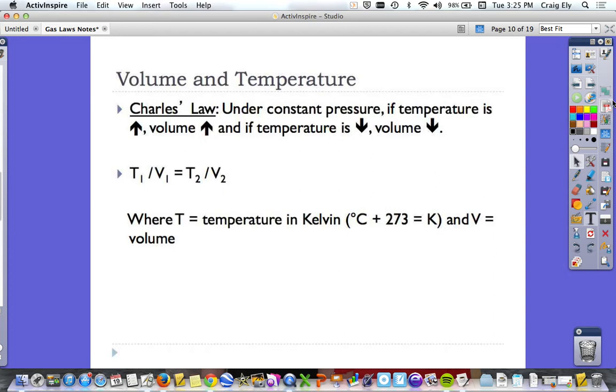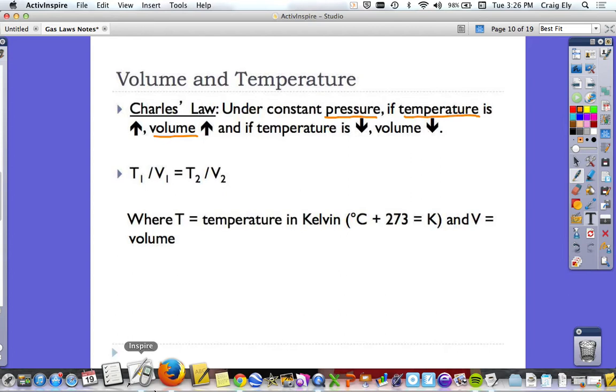All right, so again, remember, we have three things we have to consider: temperature, volume, and pressure. And remember, one of those three elements is going to be a constant.